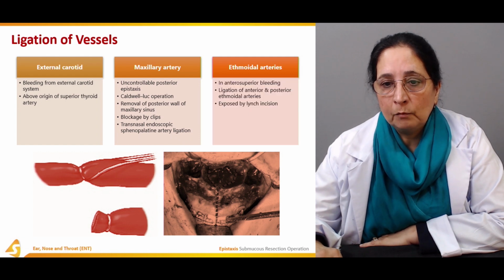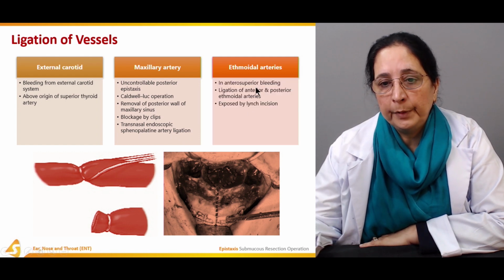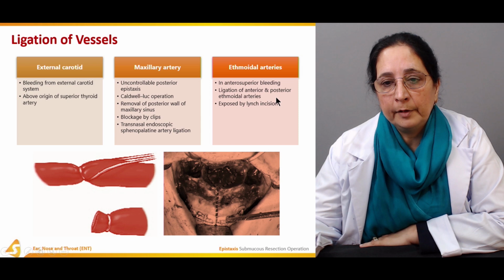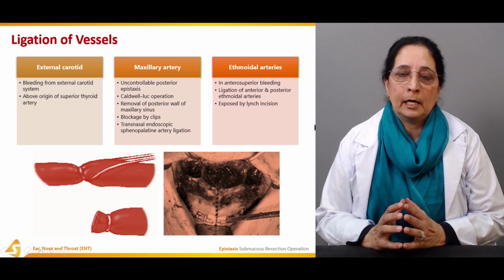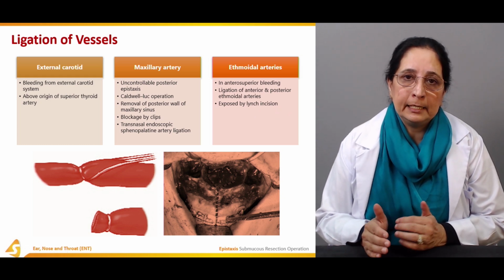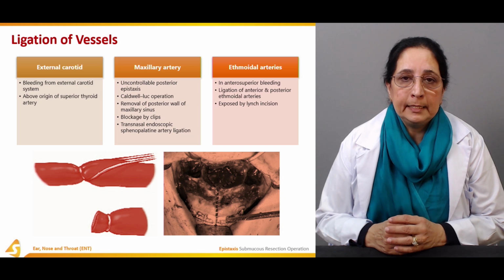Ethmoidal arteries involvement in anterosuperior bleeding. Ligation of anterior and posterior ethmoidal artery, and they are exposed by Lynch incision. So these are different arteries which are ligated in different types of bleeding.